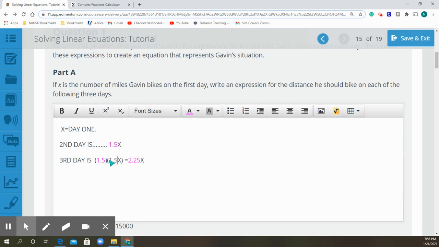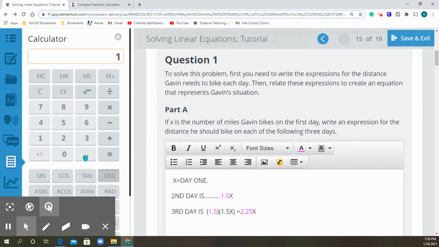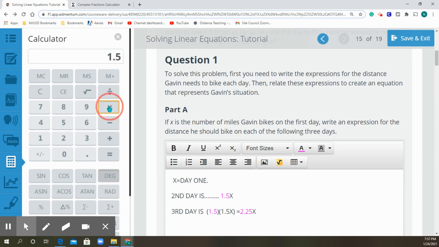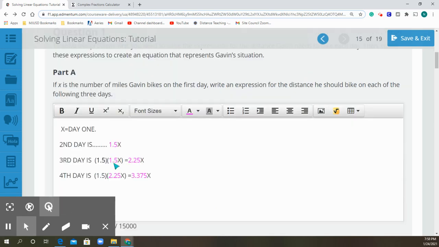1.5 times 1.5 equals 2.25x. 1.5 times 1.5 equals 2.25. Okay, I straighten these out so that way your 1.5x, 1.5x, and 2.25x line up just a little bit better.